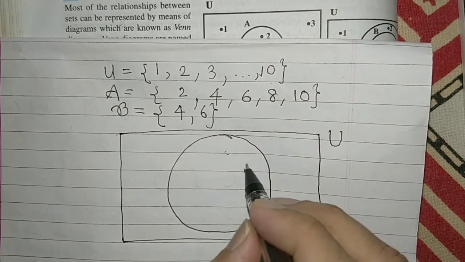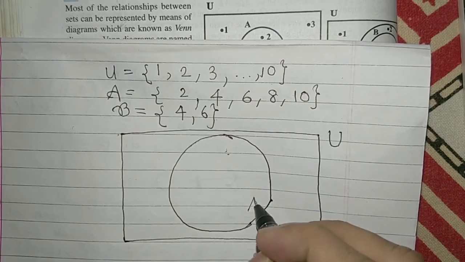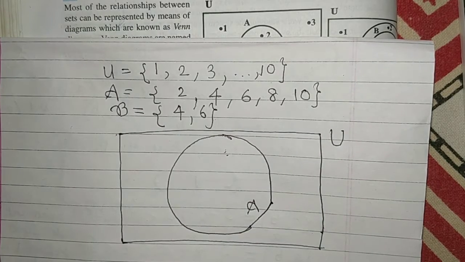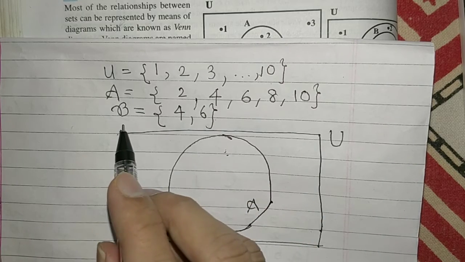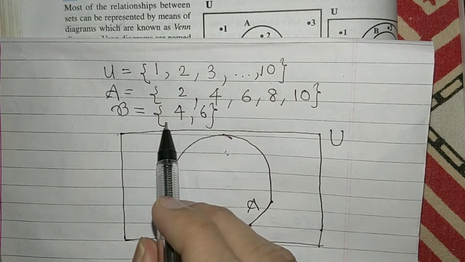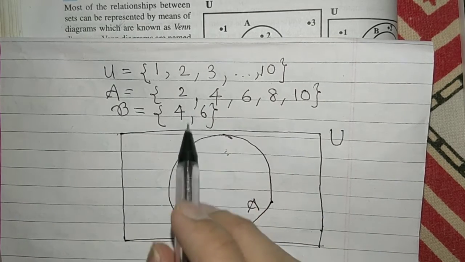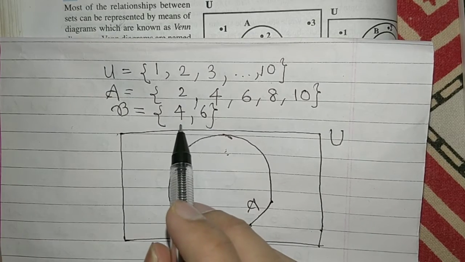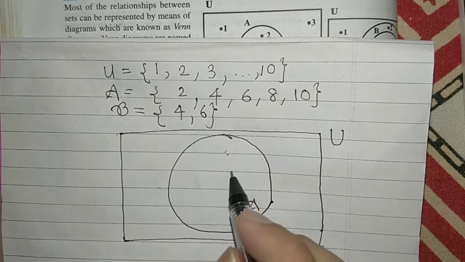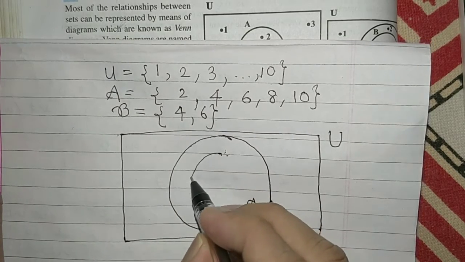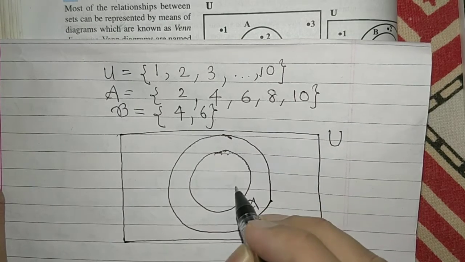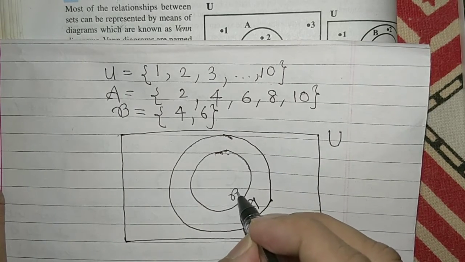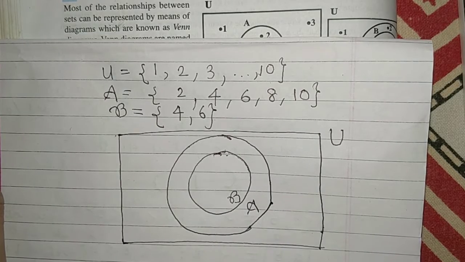So this is the set A. Now we have to draw the set B. You can see that B is a subset of the set A, so the set B will be inside the set A. So you have to draw the set B as a smaller circle inside the set A. So this is the set B.